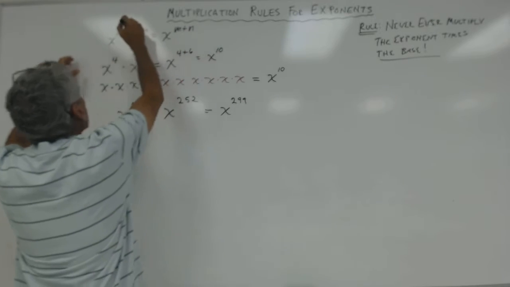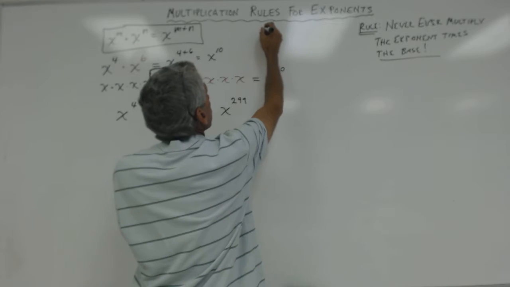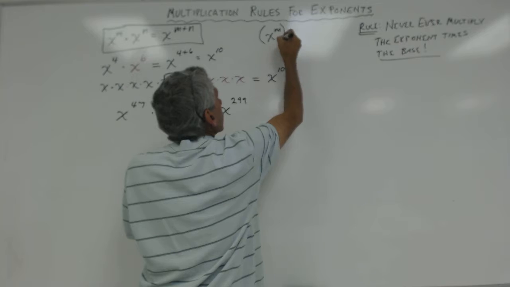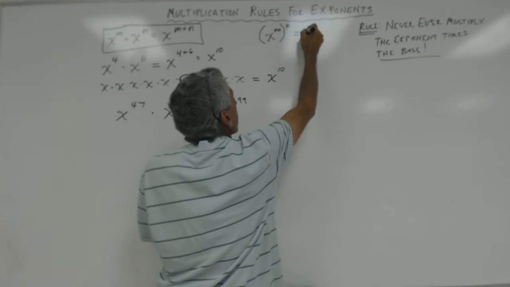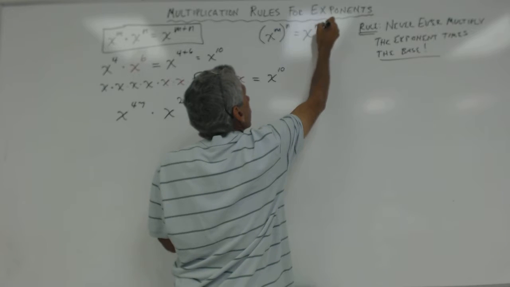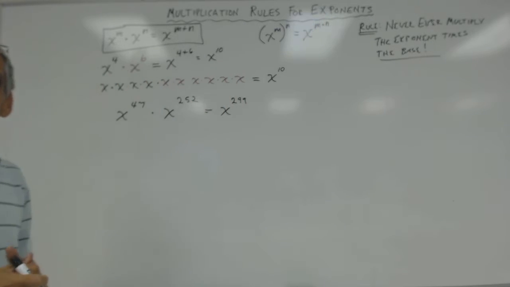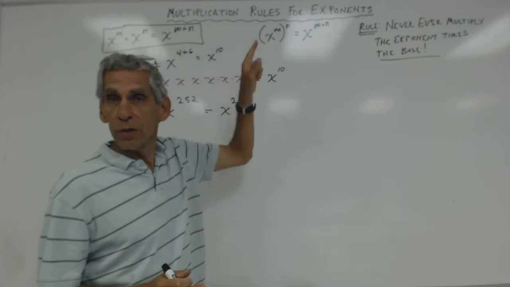This was one multiplication rule. Now our next rule is this. x to the m, raised to the n power, is equal to x to the m times n. Remember, parentheses always means multiply, right?